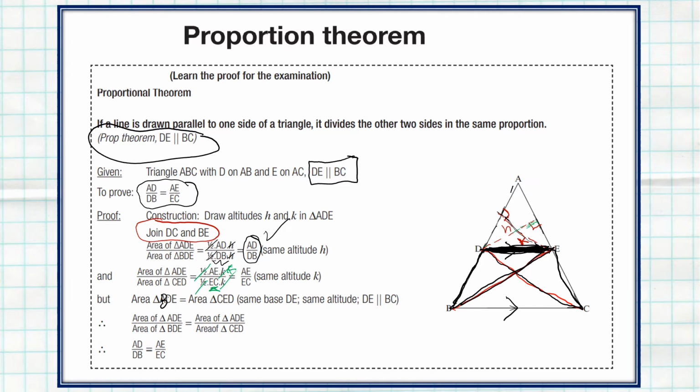The area of triangle DBE is this triangle. It will be equal to the area of triangle CED. Can you see? CED, because they have the same base DE and they have the same height. Because they are between parallel lines, we know that the height or altitude is the same, and also you have to show this reason that because they are also found between parallel lines, right?